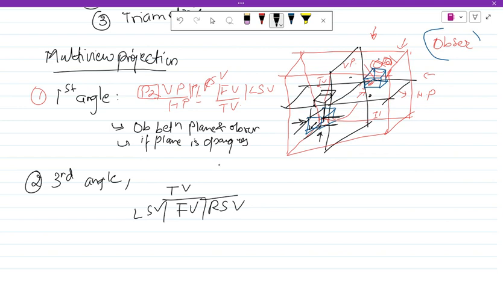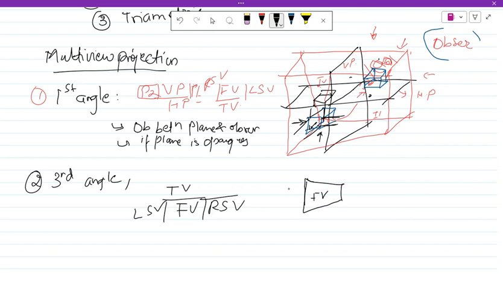So the general convention or general representation is this. If this is an object of circular cross section, and this is continuously increasing to make a bigger cross section, this is my front view, always the front view.